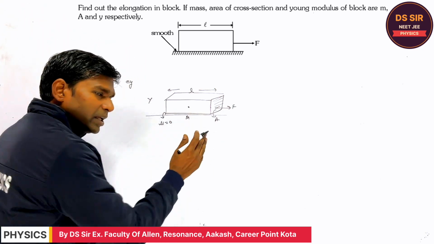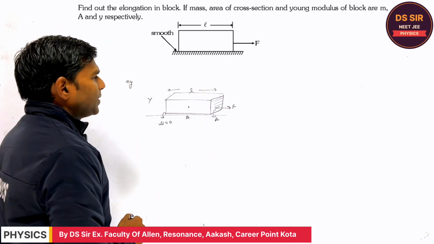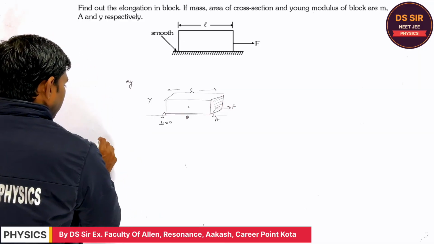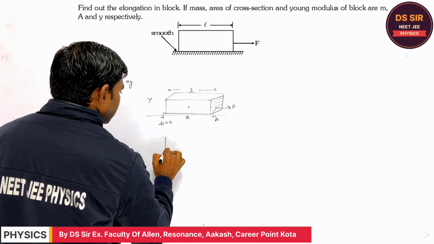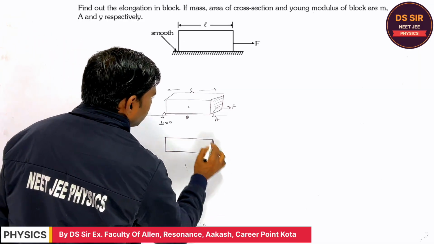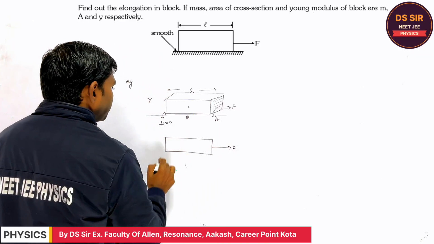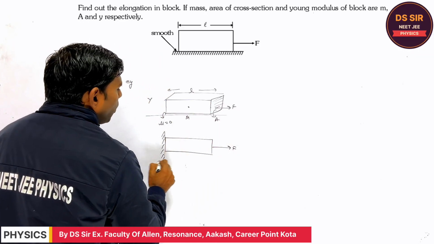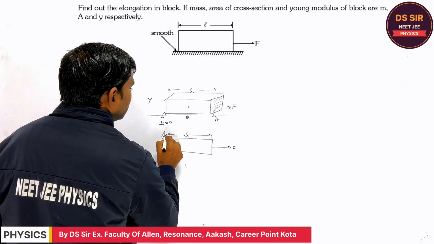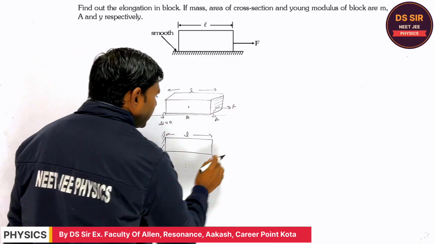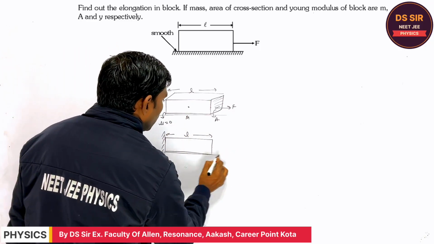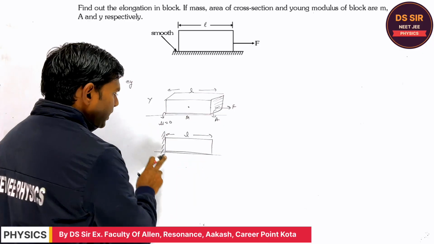Listen, one more thing. This is very much similar to the previous problem. Suppose this is the side view. Although this is the 3D diagram, if this is the force, listen one thing. If this was of the length L, the force you applied is placed over here. Fine, it is fixed.